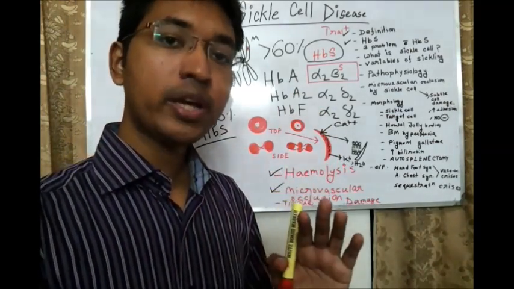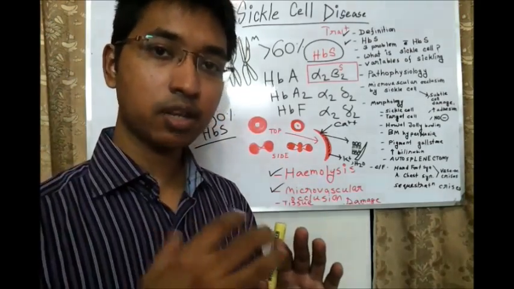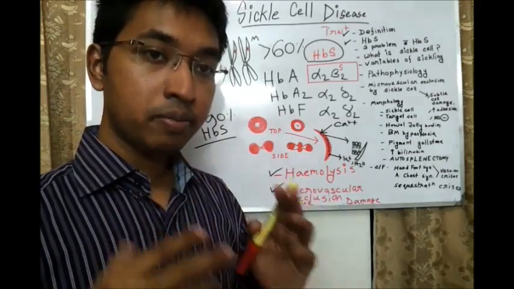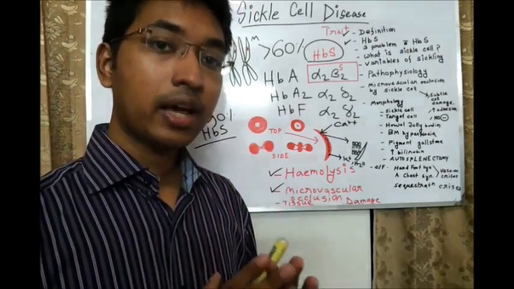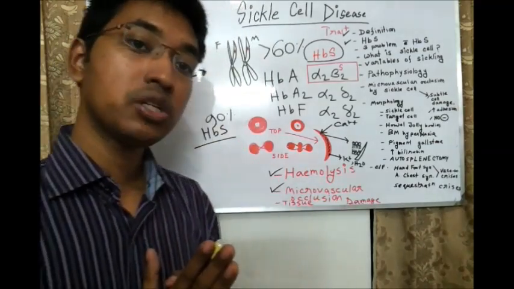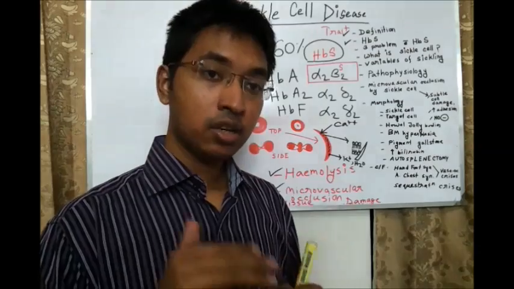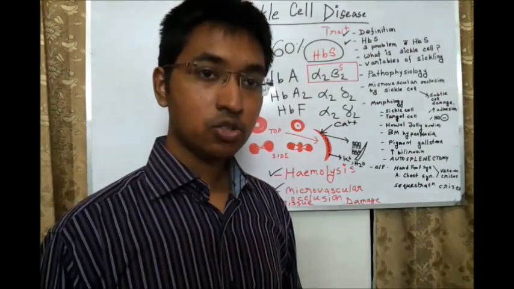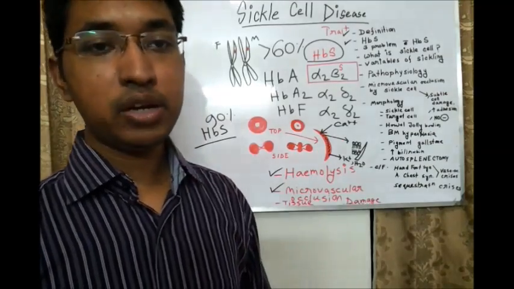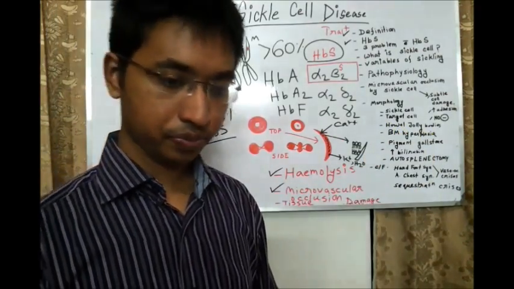But those bloods are not going anywhere. So in fact the spleen is not getting sufficient blood supply. So ultimately the spleen will begin to infarct and begin to shrink in size, and not only in size but also in function. So as the function of the spleen decreases, we will begin to see these types of abnormal cells in the peripheral blood film. So that's the thing about Howell-Jolly bodies.